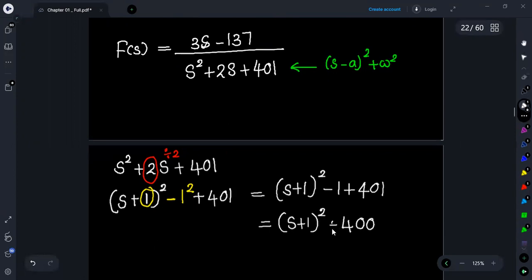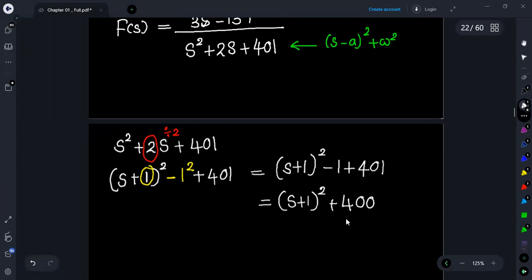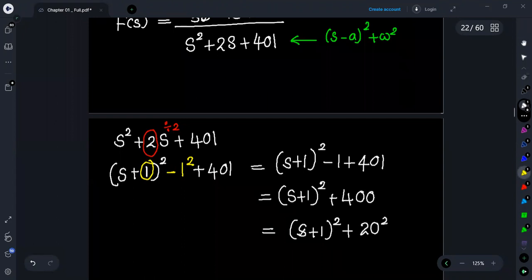Sorry, not minus, it is plus 400. And we can rewrite this 400 as 20 to the power 2. So we have obtained this expression.